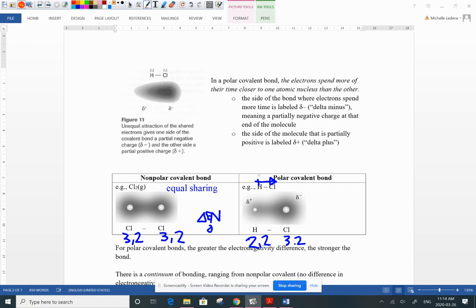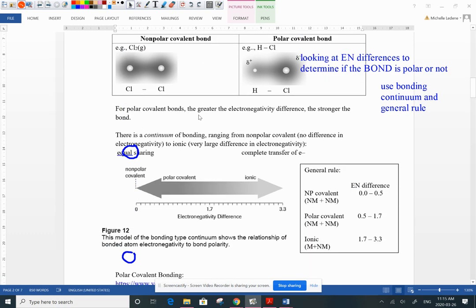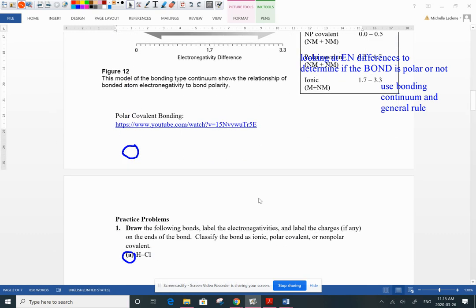The electrons are going to be hanging out more around it. We would say that a dipole is forming there that's more electronegative than the hydrogen. Okay, so again, use your little continuum here, your general rule down at the bottom, to decide what the electronegativity difference is. Is it covalent nonpolar, is it polar, or does it behave like an ionic compound?